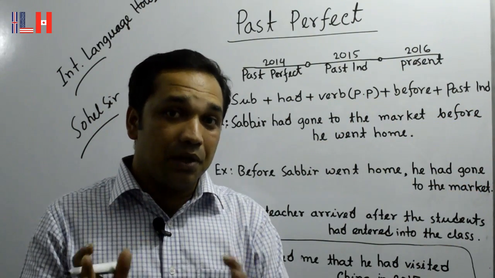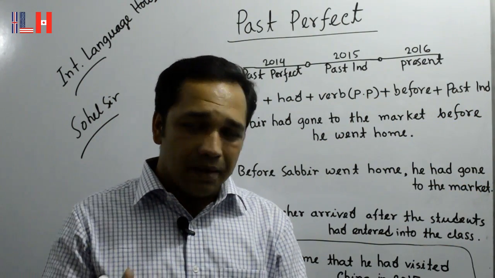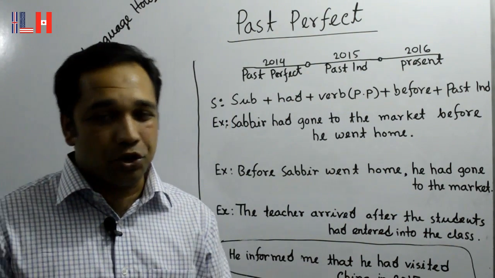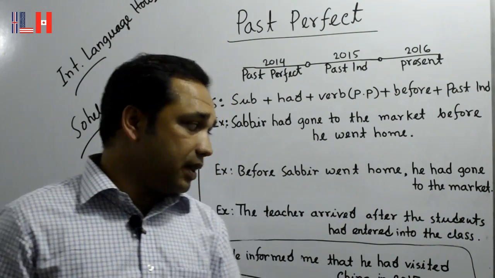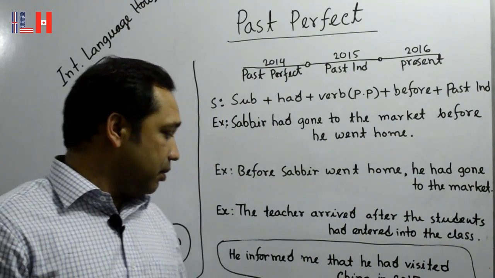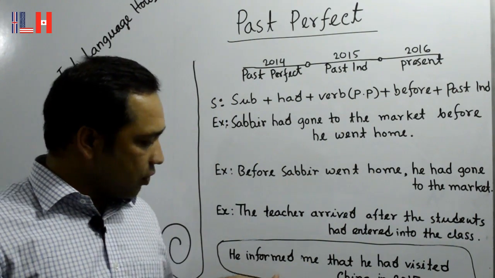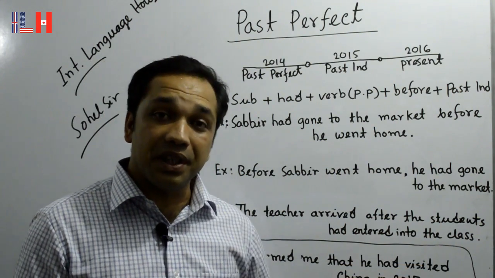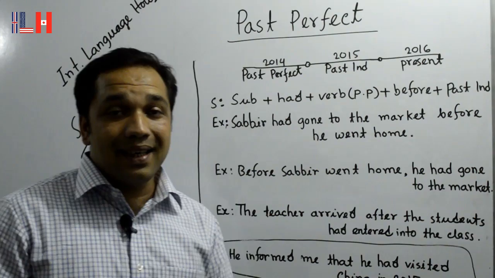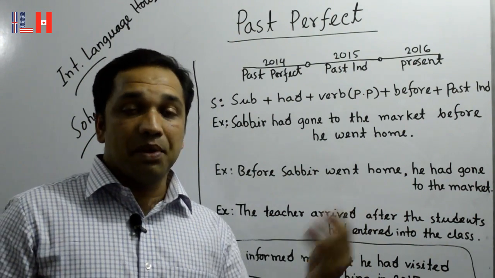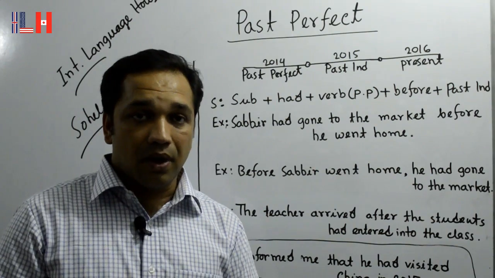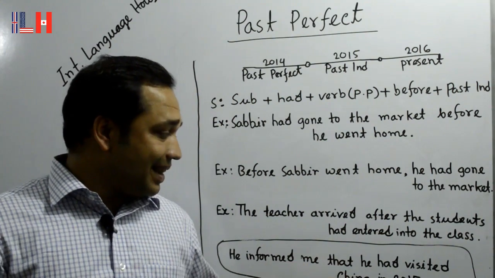Somehow you need to relate, and if you can relate, then the job will be done. There is another example: he informed me that he had visited China in 2015. Maybe he informed me yesterday, or the day before yesterday, or maybe 2 months ago.